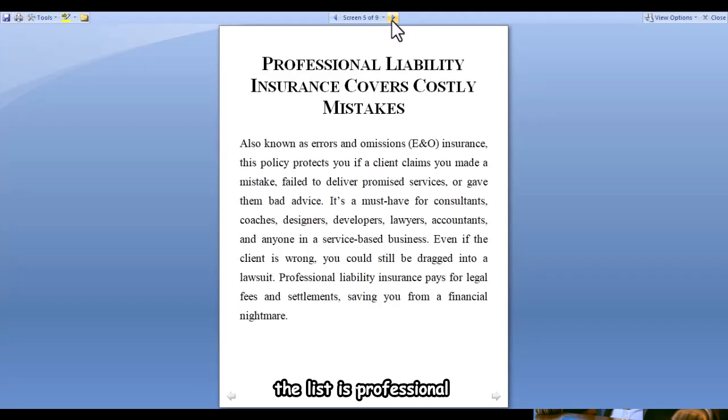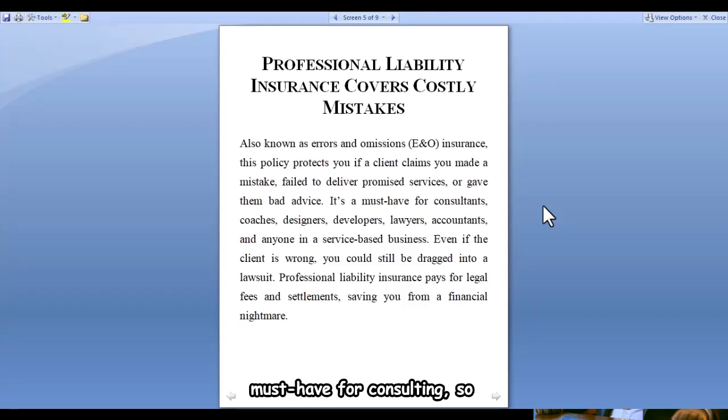The next one on the list is professional liability insurance. It covers costly mistakes, also known as errors and omissions (E&O) insurance. This policy protects you if a client claims you made a mistake, failed to deliver promised services, or gave them bad advice.